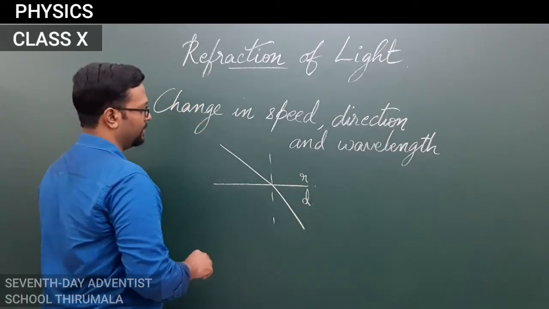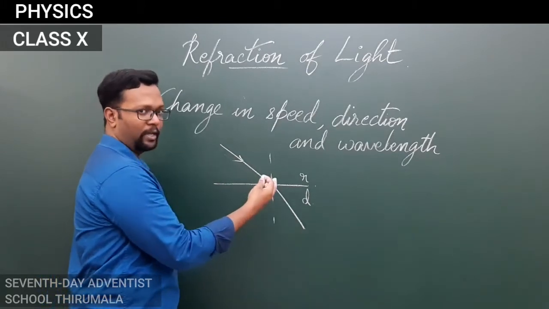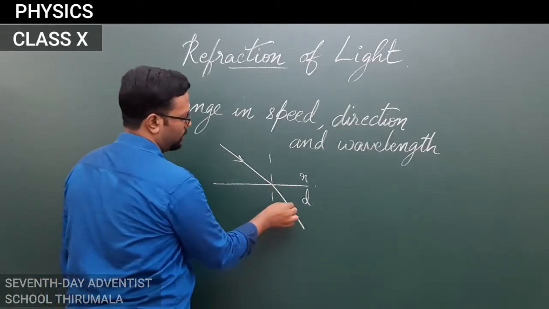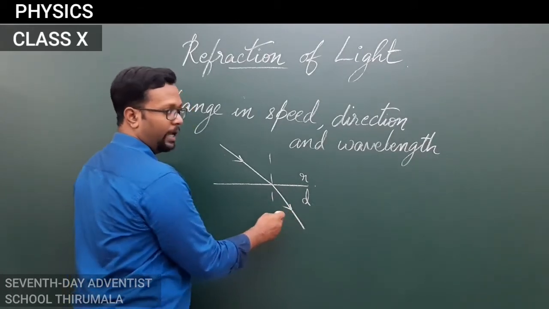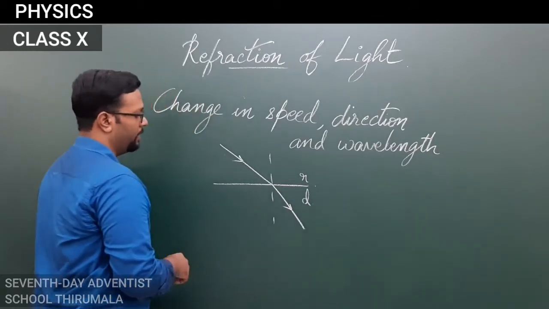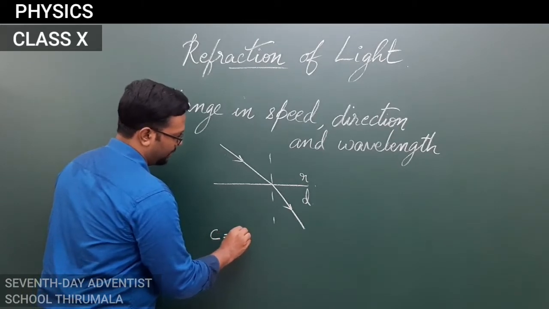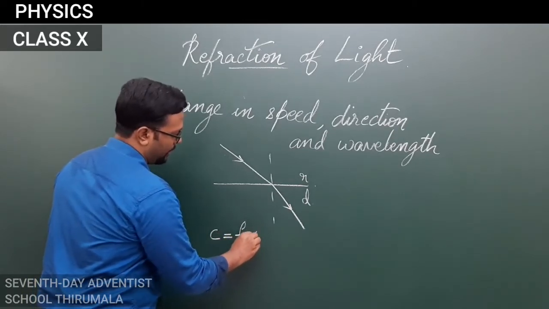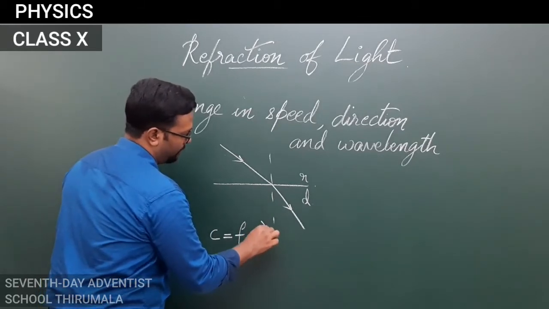Here, let the light ray be traveling through air or vacuum, which are almost close to each other, and then through a medium, for example water or glass. Let the speed of light be c and the frequency be f, and when it is traveling through vacuum, let its wavelength be lambda.